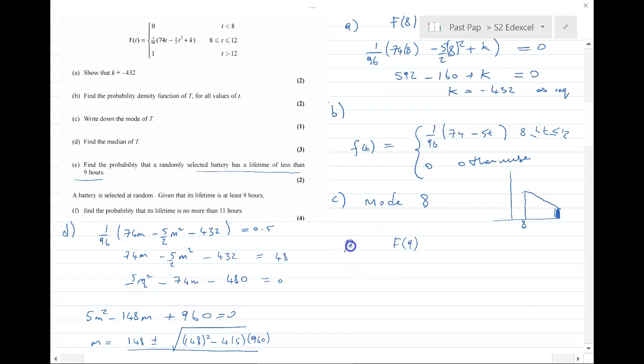The probability that T is less than 9 equals F9, which is equal to 1 over 96 times 74 times 9, minus 5 over 2 times 9 squared, minus 432. And if we work that out, we get 21 over 64. It works out as a nice fraction, so I'll leave it as that, 21 over 64.